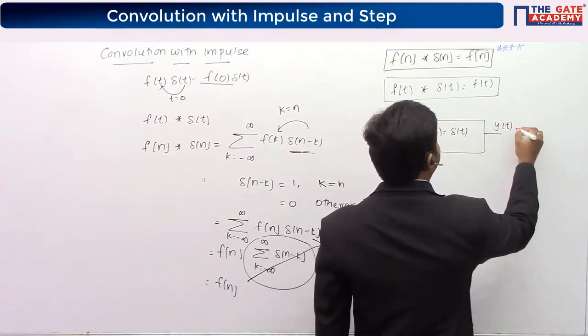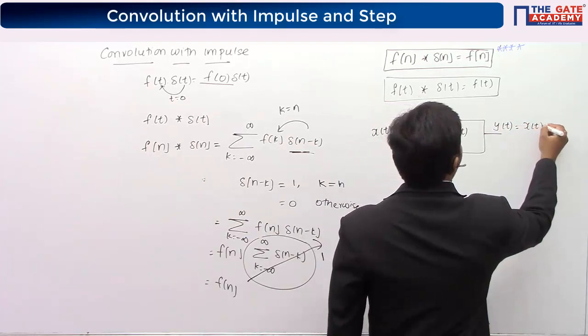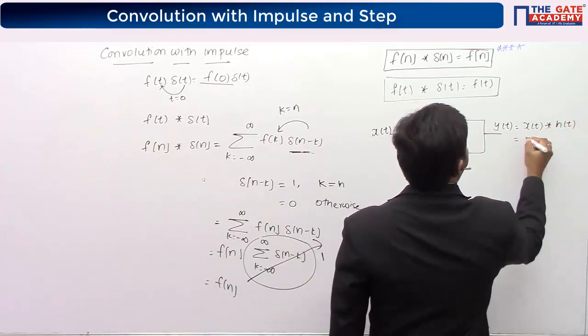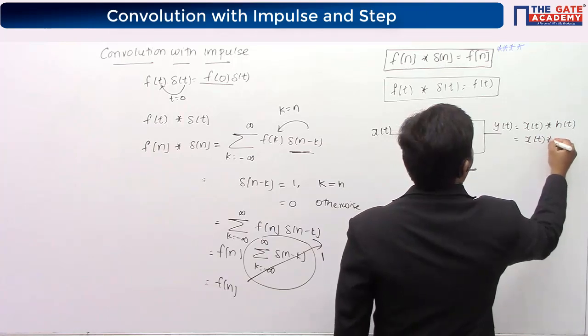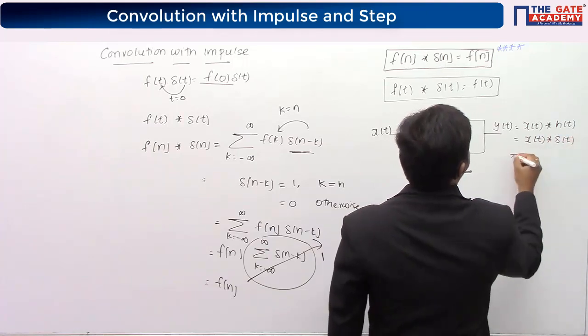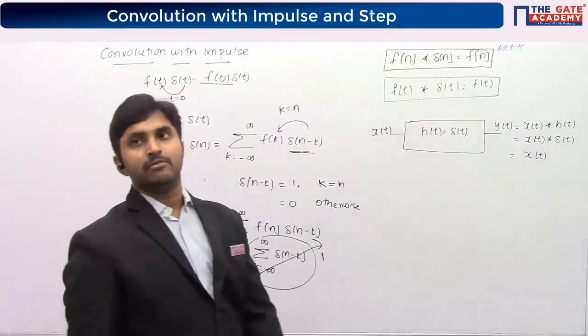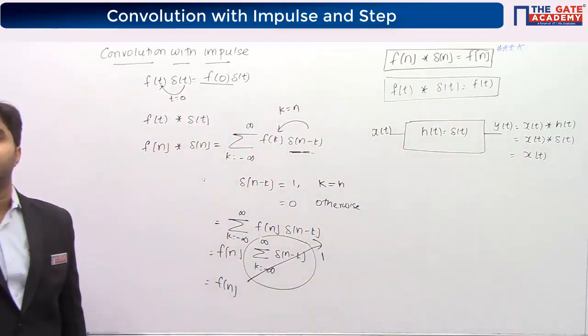The output y of t is going to be equal to x of t convolved with h of t, which is x of t convolved with del of t, which is equal to x of t itself from the result we got.